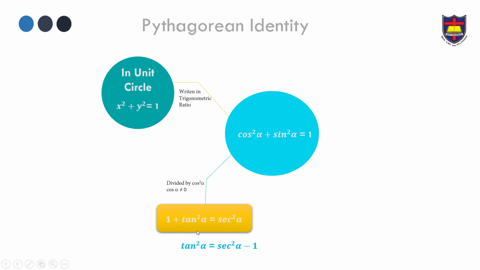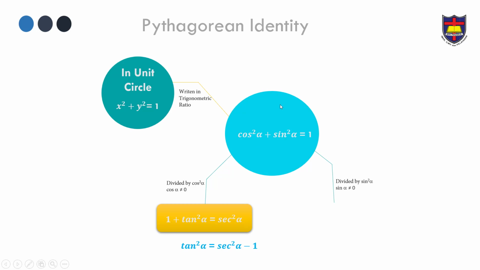Next, when you need the identity in terms of tangent square alpha, you can make tangent square alpha equals secant square alpha minus 1.